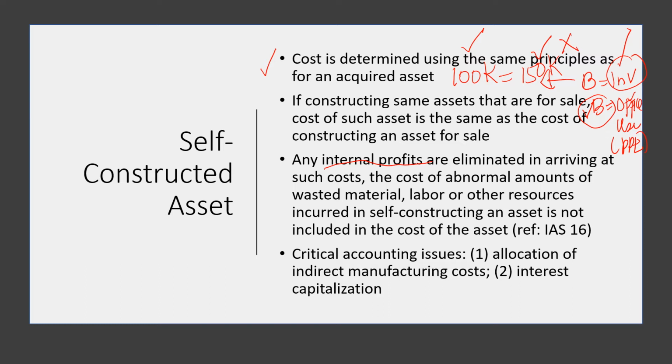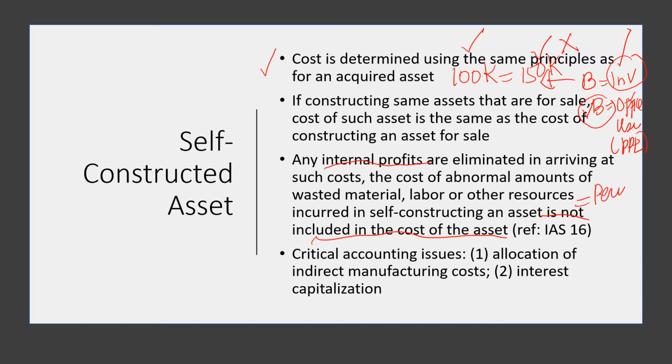The cost of abnormal amounts of wasted materials, labor, or other resources incurred in self-constructing an asset is not included in the cost of the asset. So, if you remember dun sa cost accounting, meron tayong mga losses. So, yung mga abnormal losses, yung beyond the normal, nire-recognize natin siya as period cost.